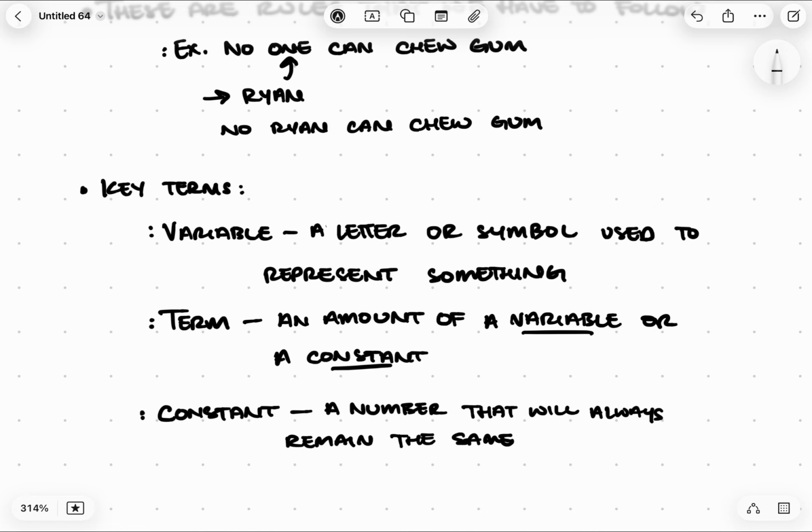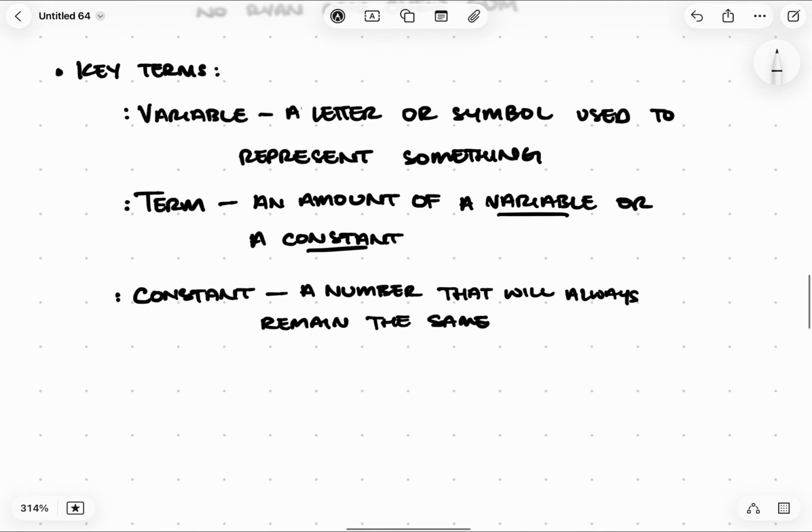All right, so these are some of the key things that we are going to keep in mind as we get started with this concept. We're going to do a couple of examples here just to identify how many terms and how many variables and constants there are, okay? So let's say I have 3x plus 4y plus 2.